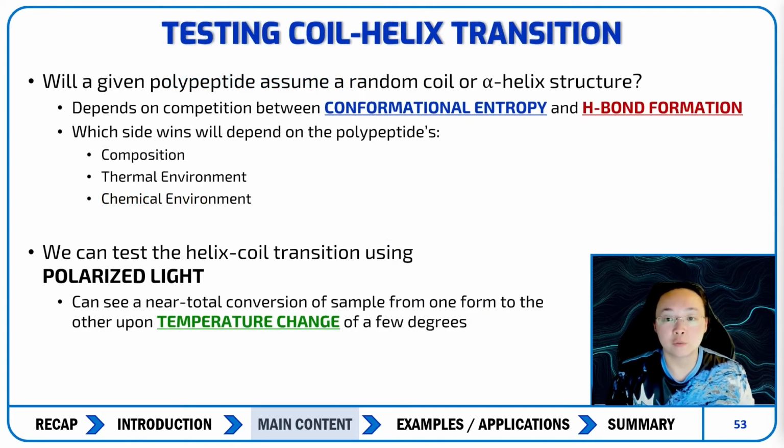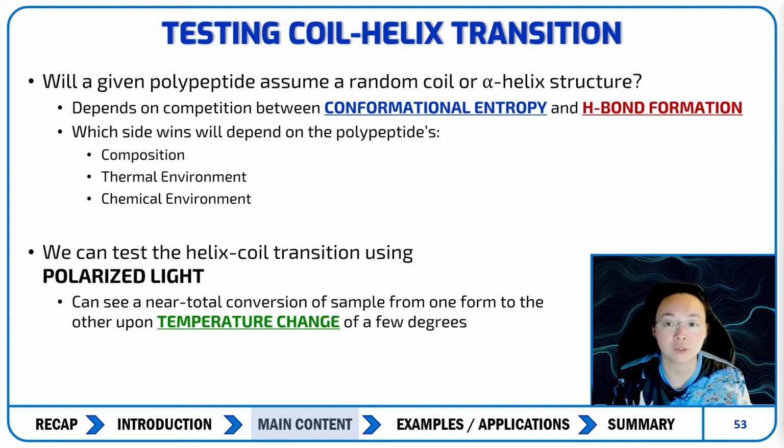So first of all, we have to ask ourselves whether a given polypeptide is going to assume a random coil or an alpha helical structure. So that depends on the competition between conformational entropy and hydrogen bond formation.